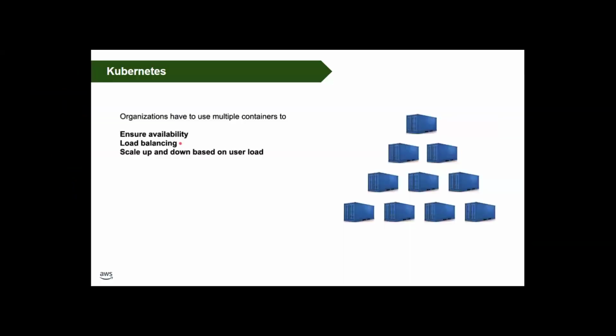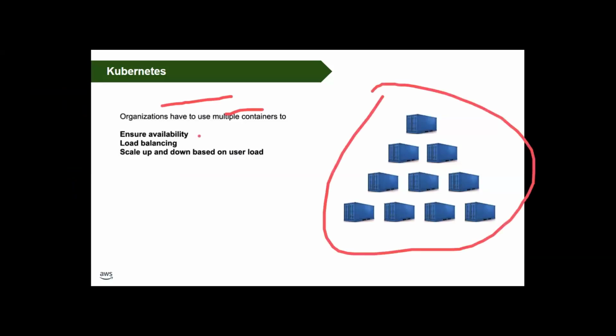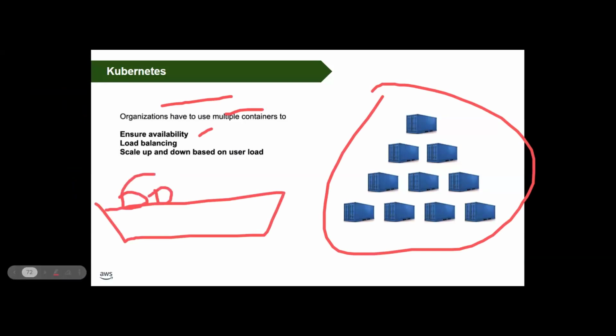Now, what is its main job? It is mainly used to manage multiple containers and ensure everything is available. Just now I drew and showed you, when one person is not there, he will shift this one here and this one here. Space is there, same thing.